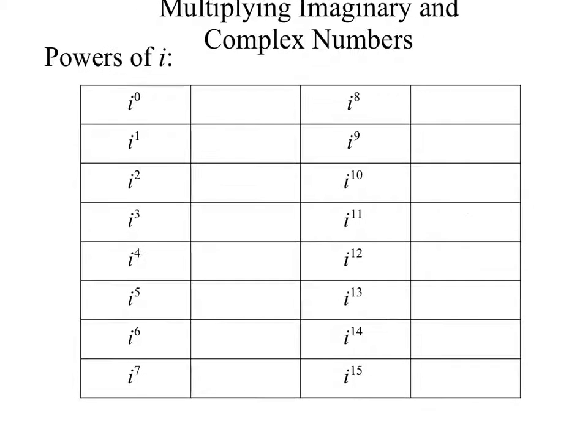You can do these in your calculator briefly, but then it loses its ability to do it because of the i. So 1, i, -1, -i, 1, i, -1, -i. It just continues.